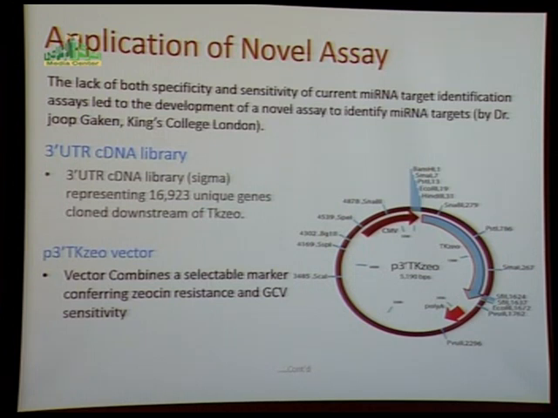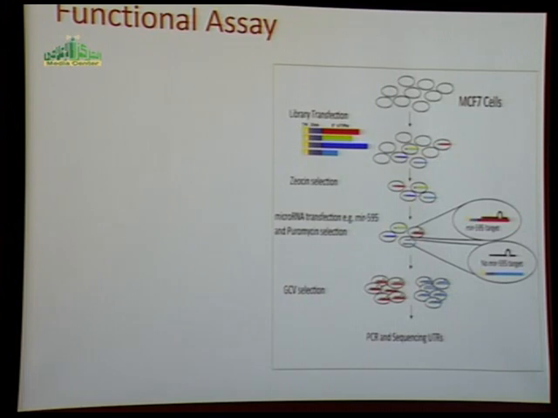Basically, this assay depends on using a cDNA library representing almost 17,000 unique genes, cloned downstream of a vector which has two selectable markers: it confers GCV sensitivity and zeocin resistance. I will describe this methodology.